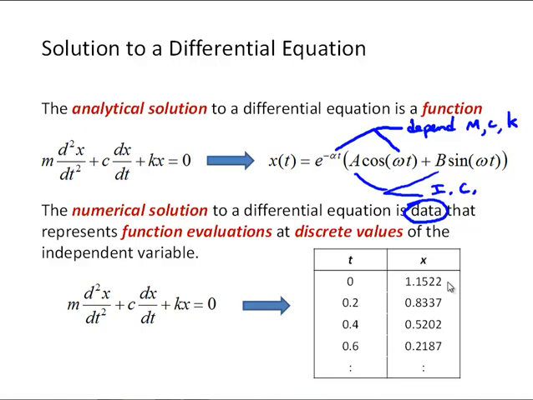So for example, this first number represents x evaluated at 0, and x evaluated at 0.2 would be 0.8337, and so on. So we are getting discrete numbers, but they represent evaluations of the function, and that's a key concept here.